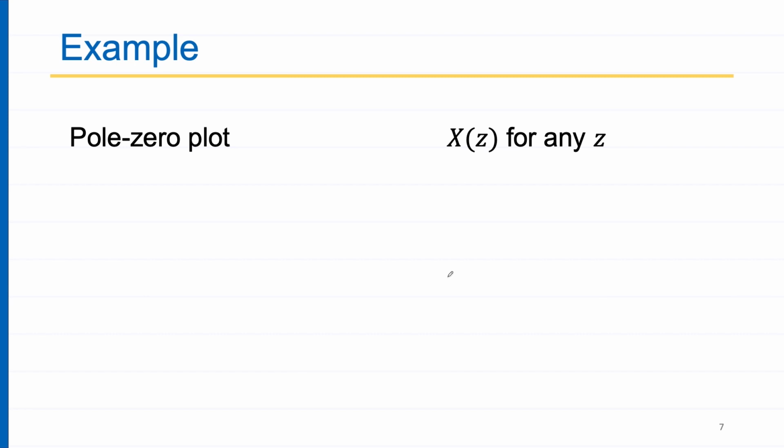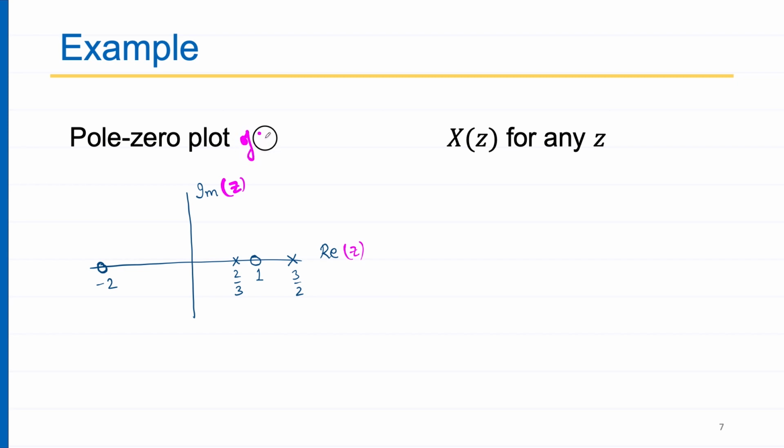Now, let's discuss another concept called a pole zero plot. What is a pole zero plot? In the z plane, where the real part of z and imaginary part of z form the two axes, X(z) will be exactly 0 when z is 1 and minus 2. When z is 1, the imaginary part is 0, the real part is 1, and the value of X(z) is exactly 0.